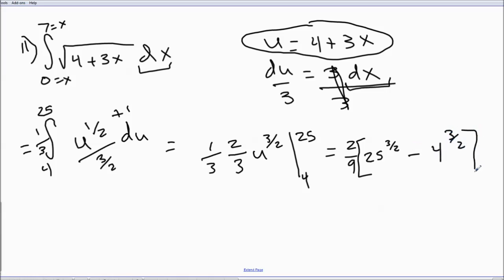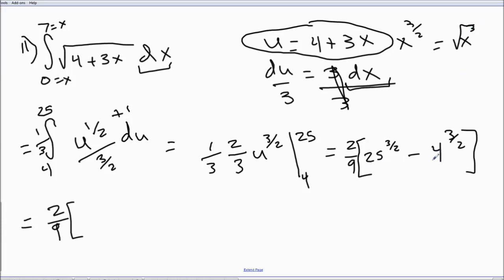Let's pause for a second and make sure we understand what the 3/2 power is. X to the 3/2 is the same thing as x cubed with a square root. So with that in mind, let's simplify this out. So I've got 2/9. When you take 25 to the 3/2, or 25 square root and cubed, it doesn't matter if you square root or cube it first.